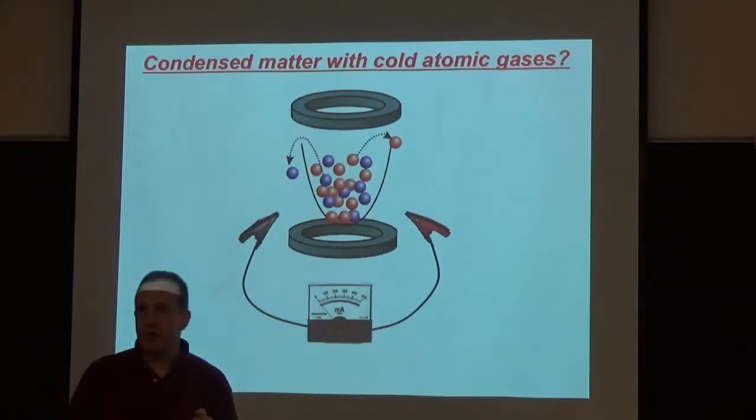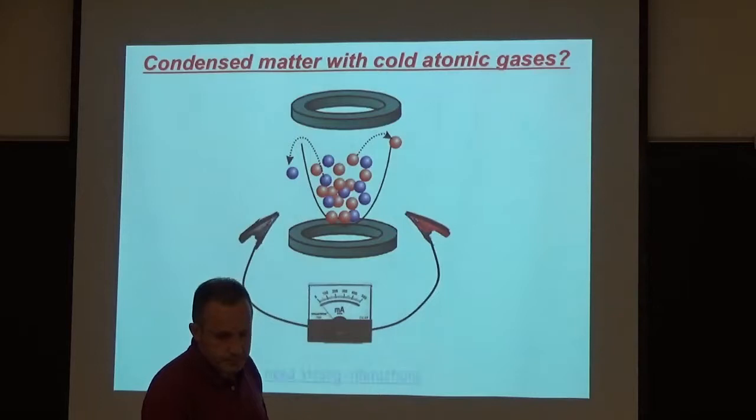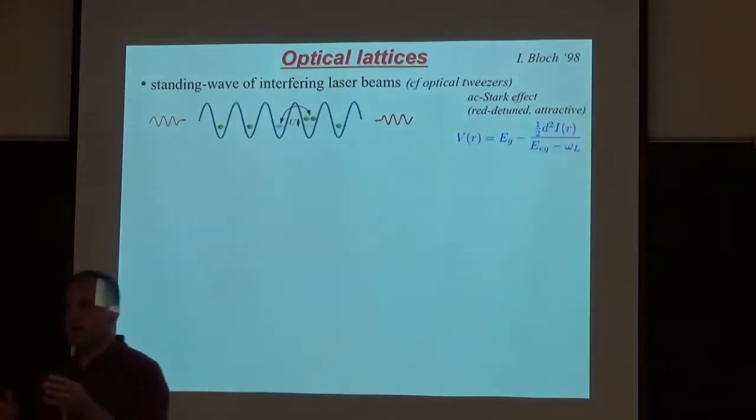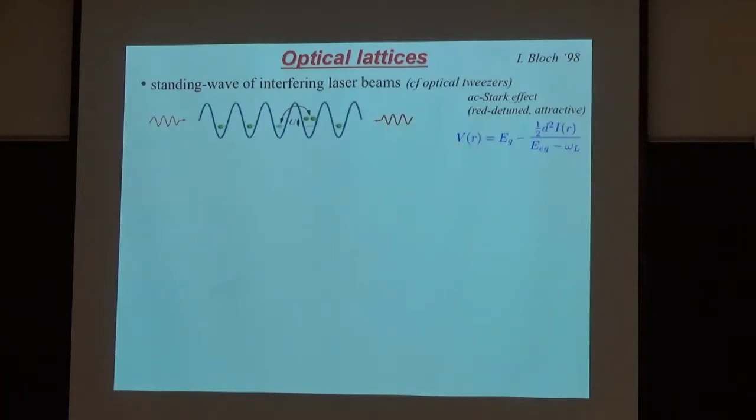But the other ingredient we need is interactions, and we need strong interactions. There are really two ways one can obtain strong interactions. I'm only going to talk about one of them, but for completeness I'll mention the other way, optical lattices. The idea is that if you put these fermions or bosons in an optical lattice, then even though the interaction is very weak, you're effectively increasing their density, or another way to think of it is you're suppressing kinetic energy.